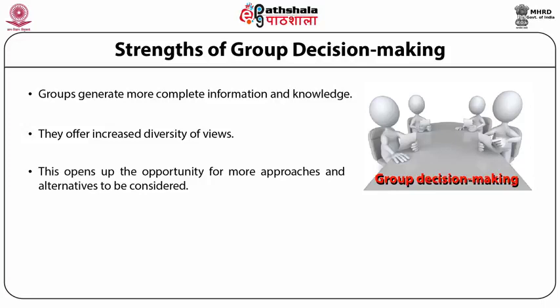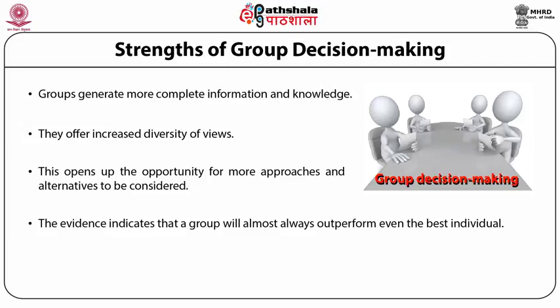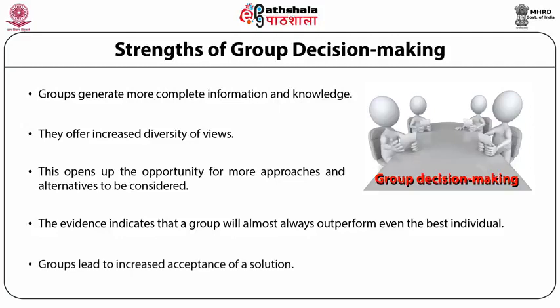This also opens up the opportunity for more approaches and alternatives to be considered. Again, the evidence indicates that a group will almost always outperform even the best individual. No doubt about it. And finally, groups lead to increased acceptance of a solution that has been generated by the group.